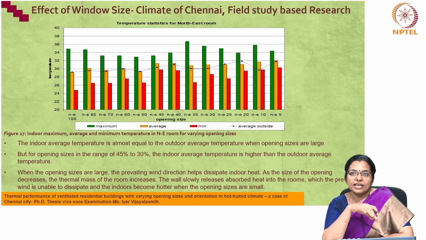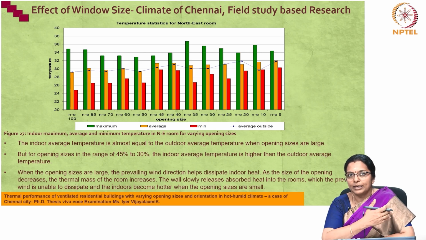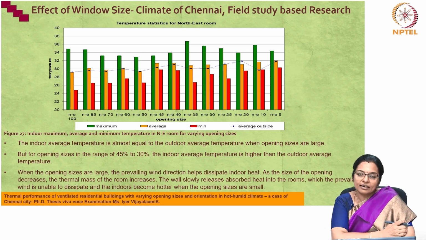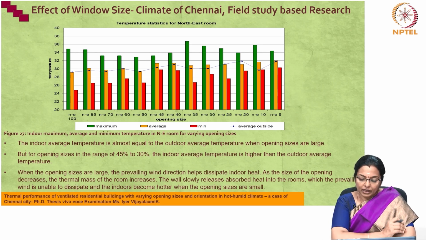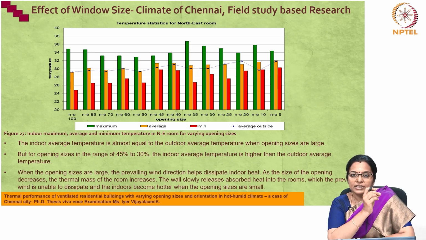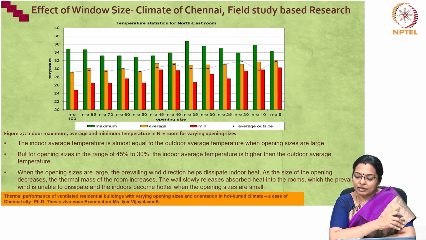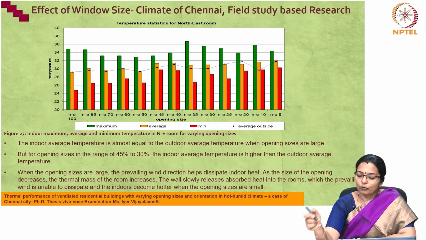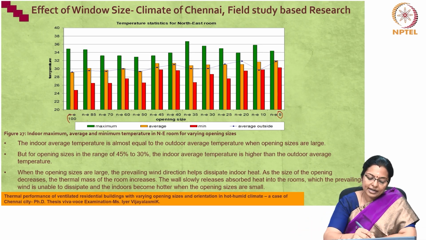Now, the previous study was done using Ecotect in Gaza Strip and was not field based. There is another study which is a field based research, where the window sizes were gradually increased from 5% to 100%.